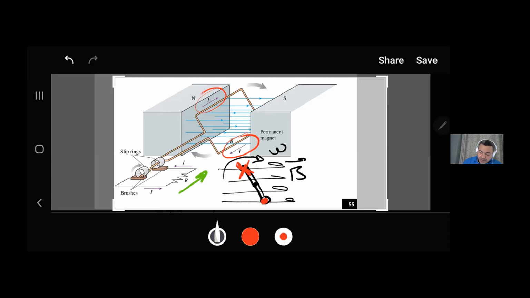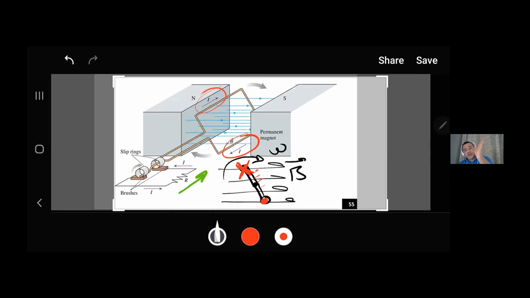Okay, now the magnetic field, as I said, is increasing in this direction of the loop, right? This is the loop. Remember, I always take the dot product. So what matters to me are the components of the magnetic field that are perpendicular.